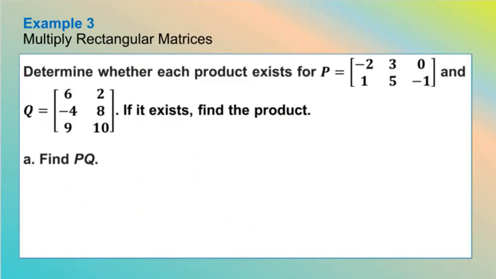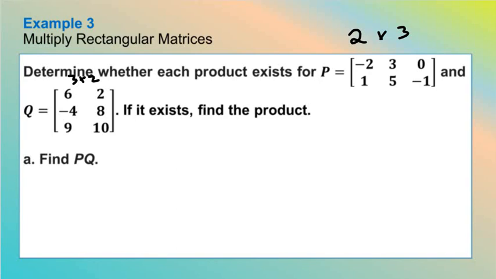Example 3, multiply rectangular matrices. Before we were just doing squares. These are now rectangular. We want to determine if the product exists. So if we're doing P times Q, this one is a 2 by 3, and this is a 3 by 2.